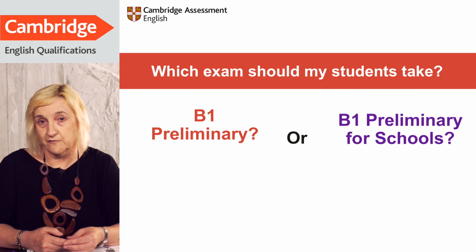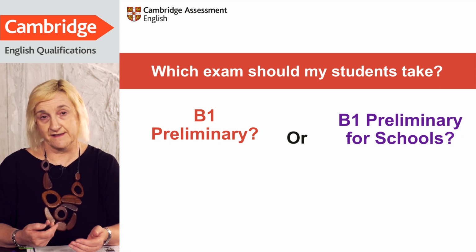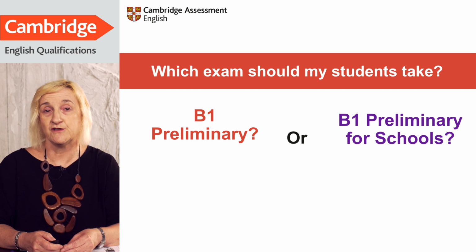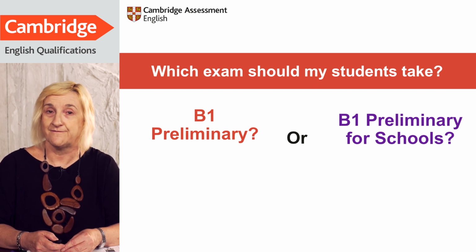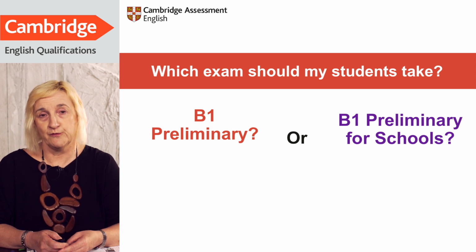B1 Preliminary for schools, as you might guess, is designed for students who are younger, perhaps still at school, who have less life experience than perhaps a student who's taking B1 Preliminary. However, you can choose whichever version you prefer. Please note, though, that the dates of the exams are actually different, so you have to make sure that you're preparing for the right date, but you can check that in the calendar.